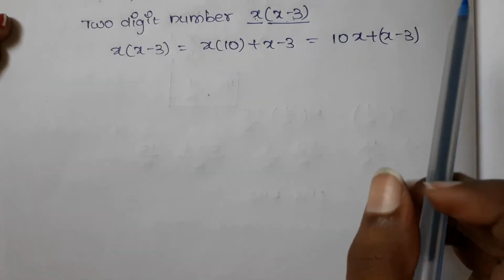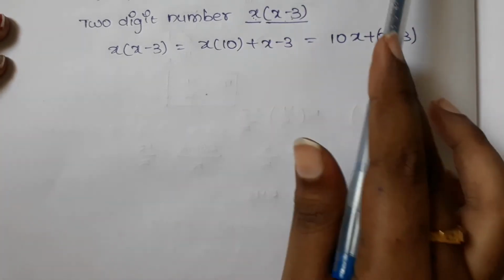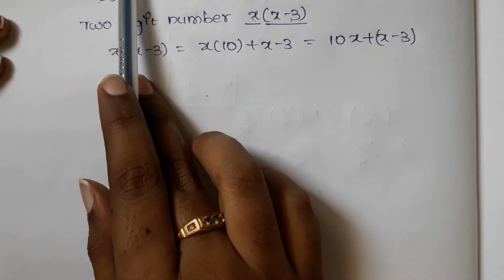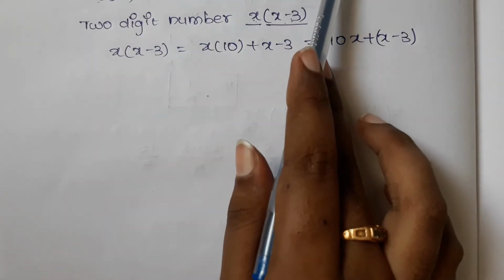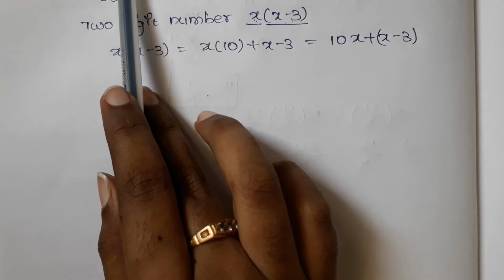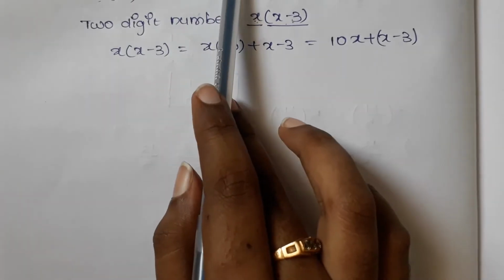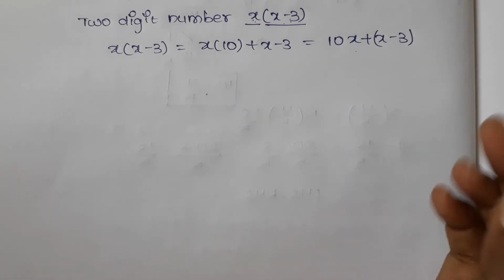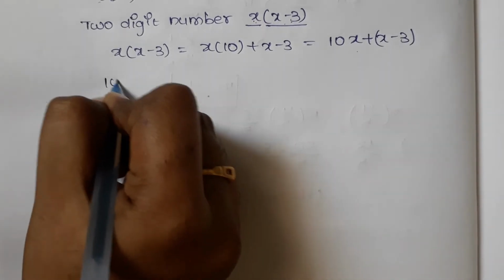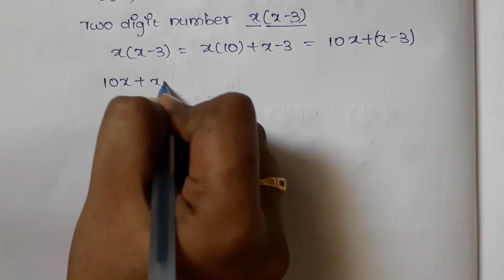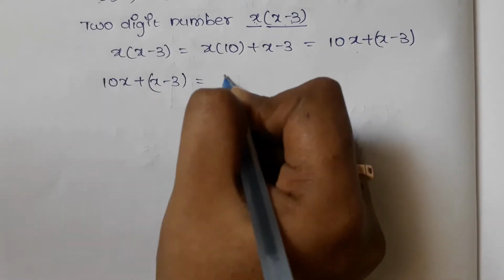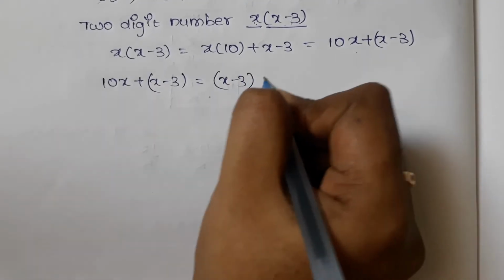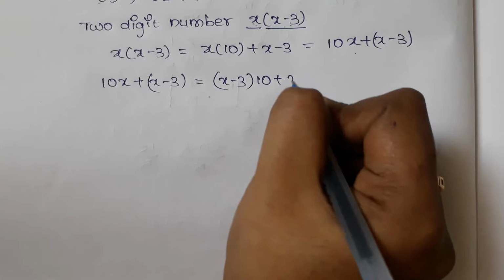Now in the question they have given that if the digits are interchanged and the resulting number is added to the original number, we will get 143. Let us interchange this number: the interchanged number is x minus 3 into 10 plus x.